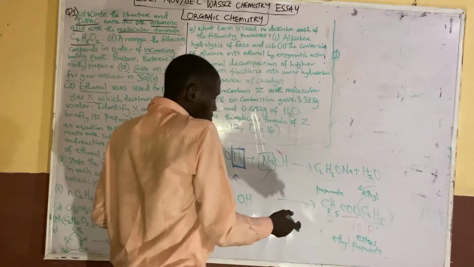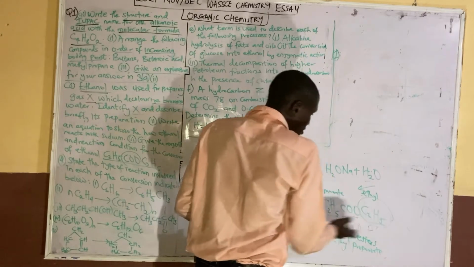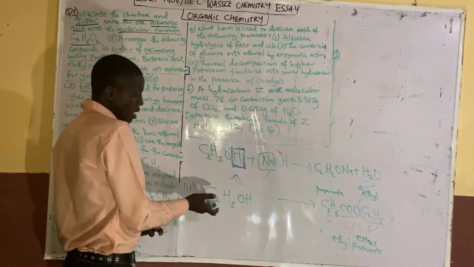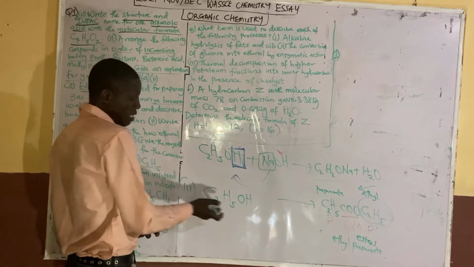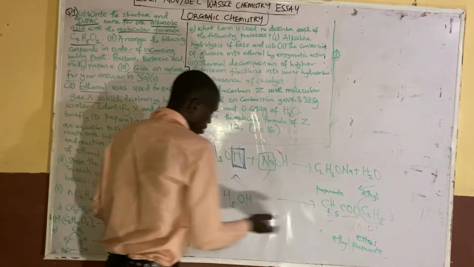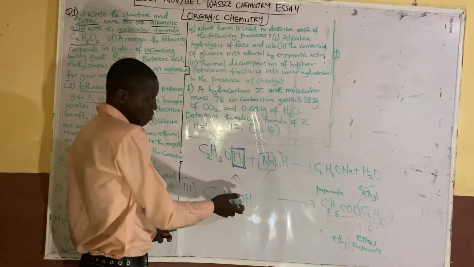Ethyl from the back, ethyl propanoate. Now, if I want to get ethyl propanoate, it means that I must have an alcohol that comes from it. That's why I have ethanol. Ethanol has 2 carbons, so the difference is just OH.